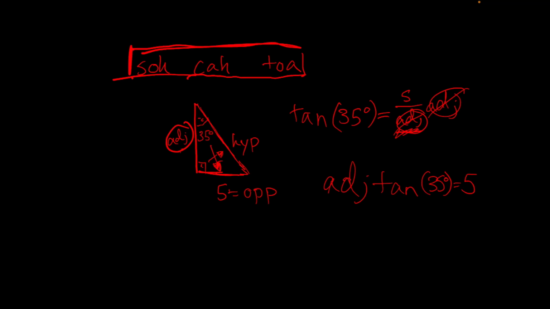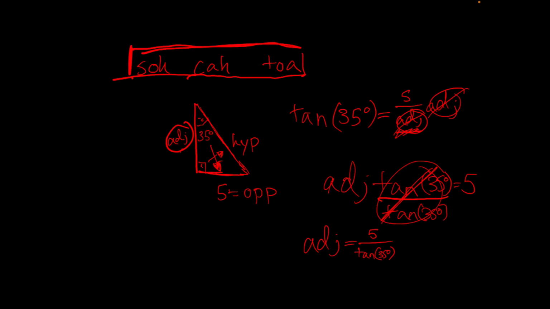Alright, and I can divide both sides by the tangent of 35 degrees. So these two cancel each other out. And now we have the adjacent side equals 5 divided by the tangent of 35 degrees.